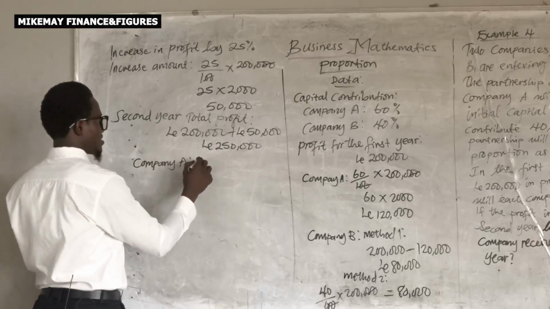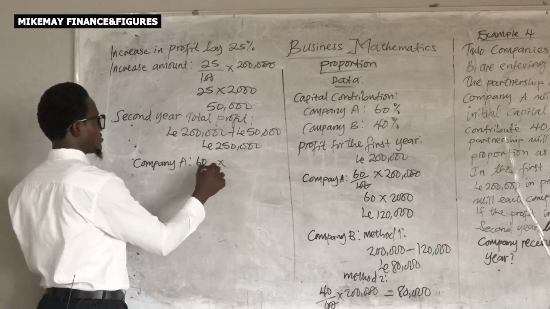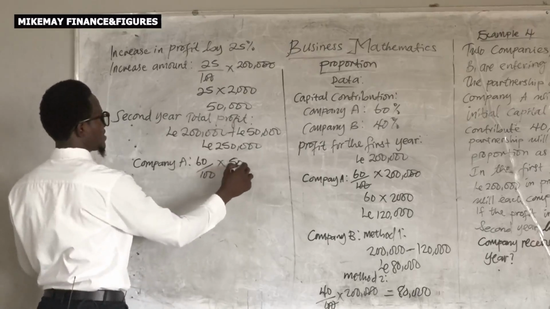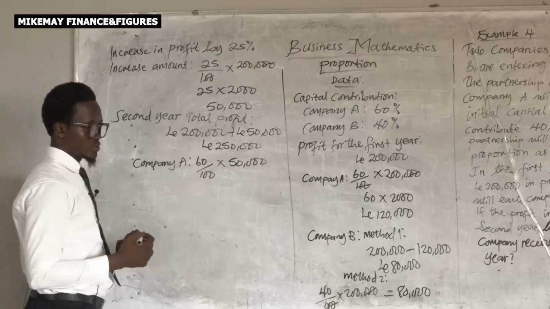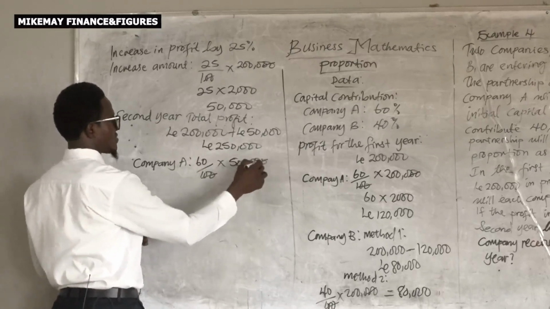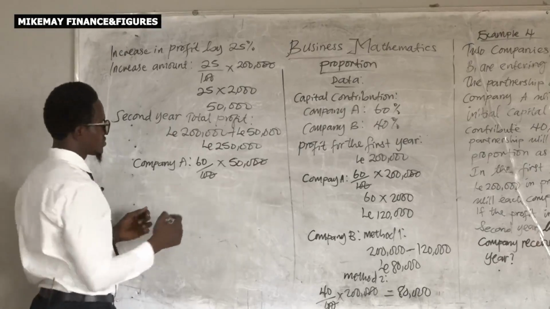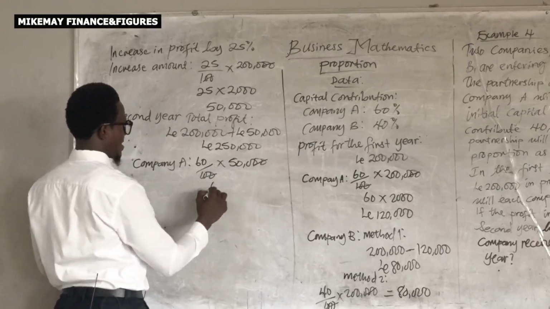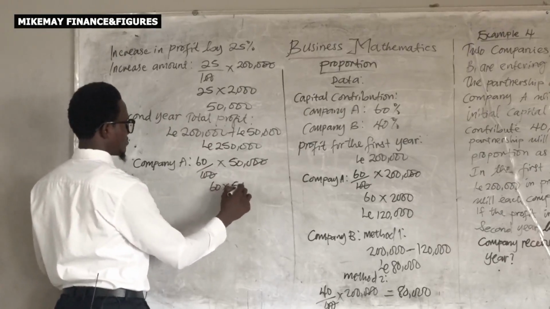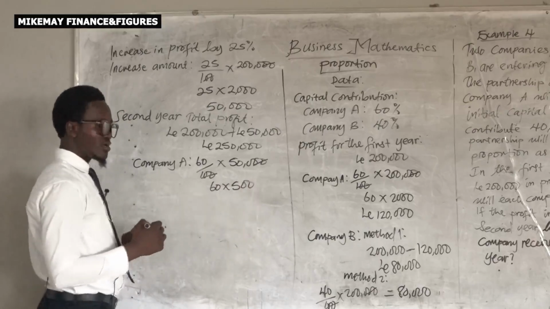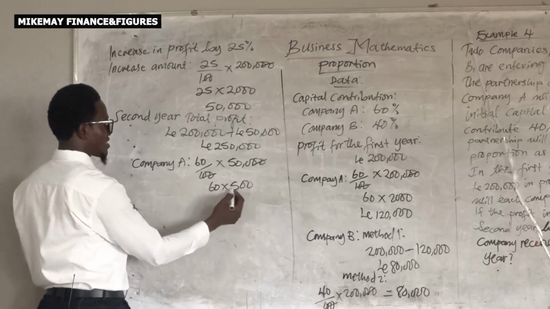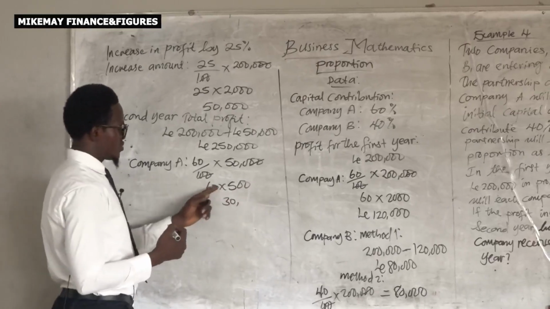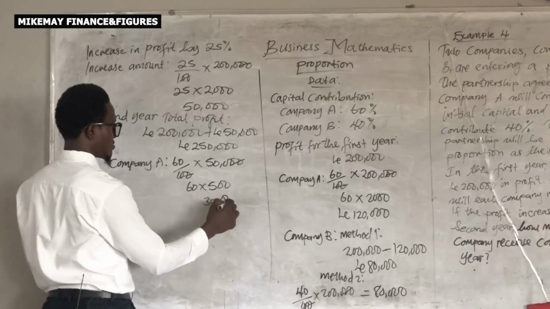Remember, it is 60%. So now the increased amount is 50,000 leones. Let us work out the cancellations. So we are left with 60 here and 500 here. Let's proceed by multiplying them together. We can easily multiply 6 and 5, which should give us 30. And we bring our 3 zeros.